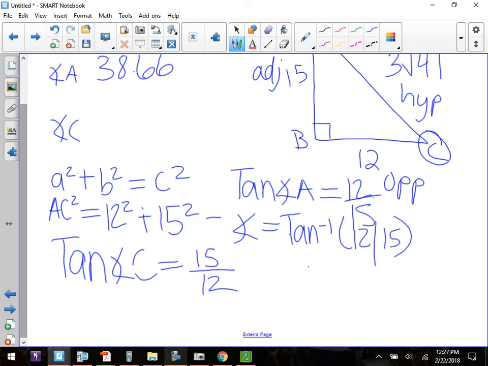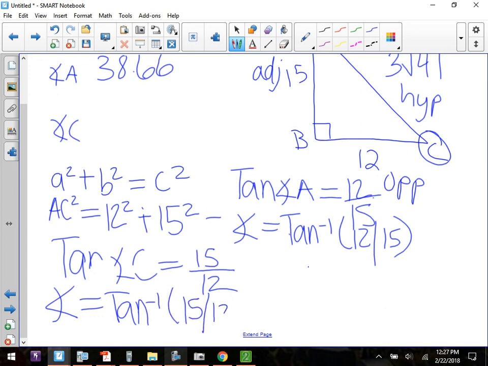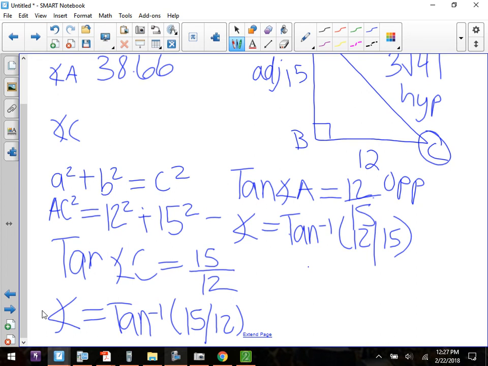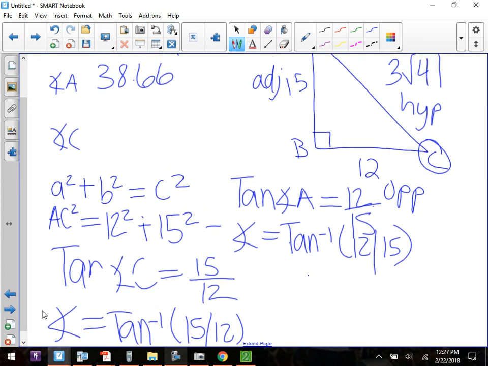So we basically have to do the same thing. We just have to do the inverse, and that will give you 51 points.